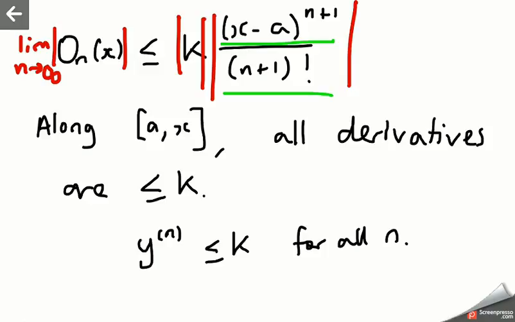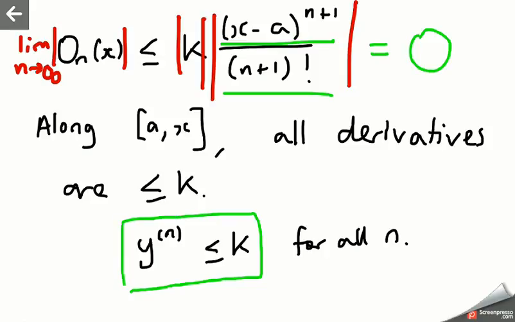So the bottom part gets really, really big compared to the top part, the bigger n gets, and so this whole thing gets closer and closer to 0. And so, in fact, this limit is equal to 0 when we have that y^(n) is less than or equal to k on the interval a to x.